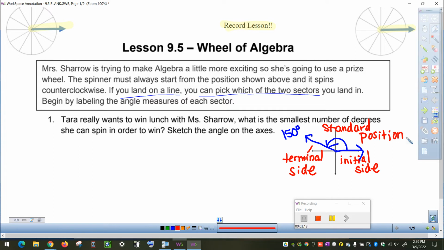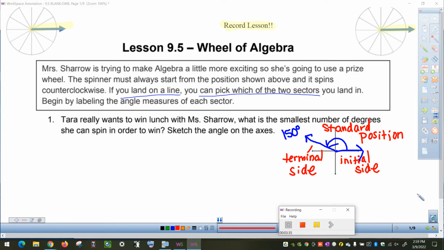So if you see something that says draw this in standard position, it's important that you have your initial side here. Now your terminal side could be somewhere else. Depending on what the angle is, really the terminal side could be anywhere in our circle, but the initial side is always where it is here. And those are our requirements there for standard position.